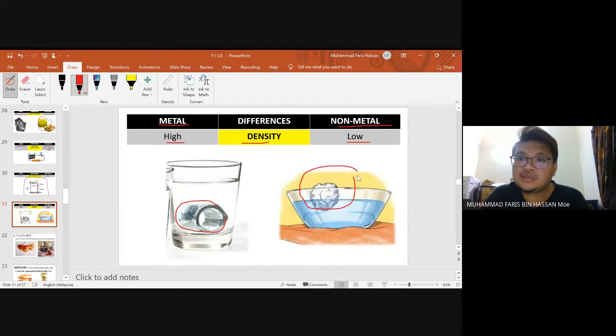Once you put the non-metal things in the container containing water, you can see the non-metal things float on top of the water, because the non-metals have a low density compared to the water that we use here.